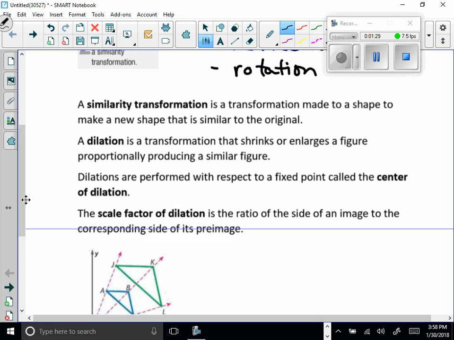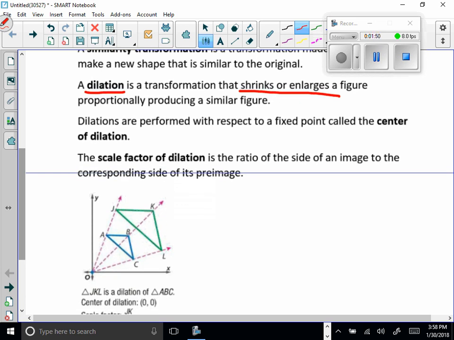For a similarity transformation, the shape will remain the same, but we might have a different size. In this case, that's called a dilation. A dilation is a transformation that's either going to shrink or enlarge a figure proportionally, producing similar figures. So the shape remains the same; we're just going to blow it up or shrink it.